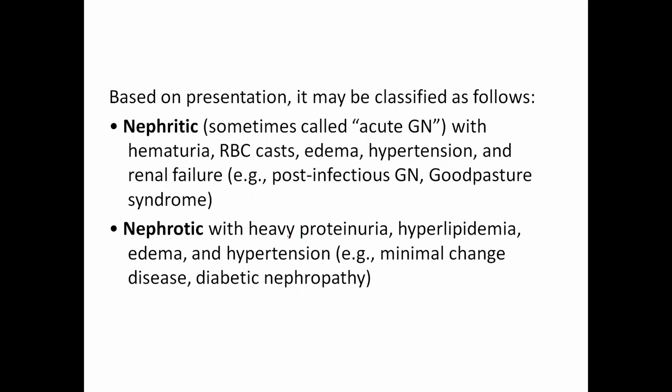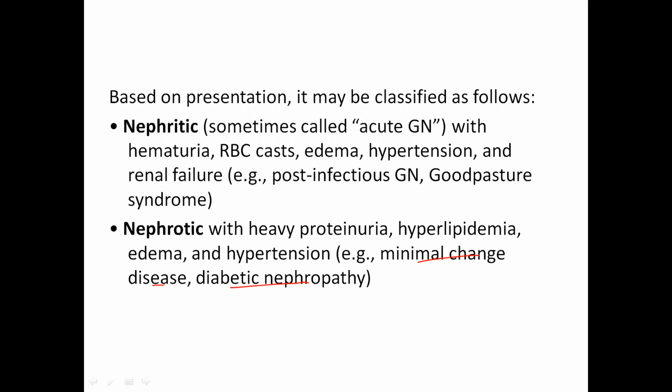Based on presentation, glomerular disease may be classified as nephritic as well as nephrotic syndrome. Examples of nephritic are post-infectious glomerulonephritis and Goodpasture syndrome, and examples of nephrotic are diabetic nephropathy, as well as minimal change disease, which is most commonly seen in children.